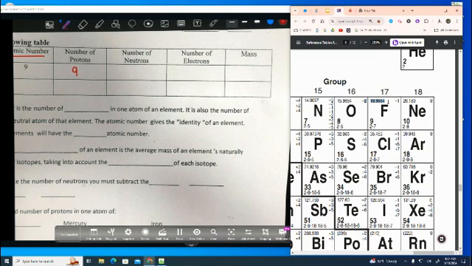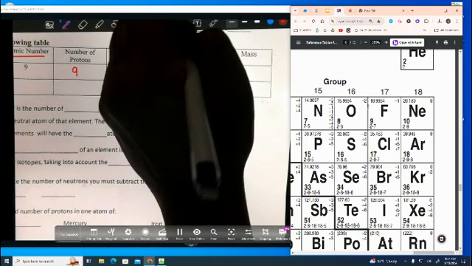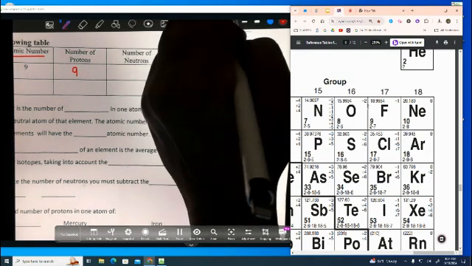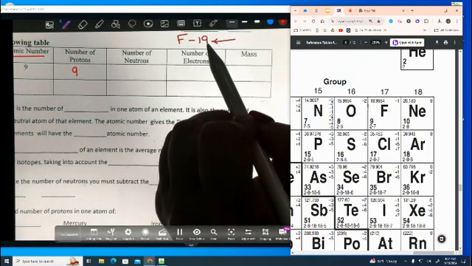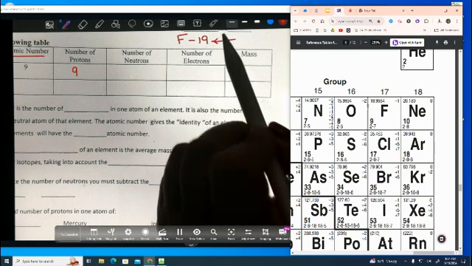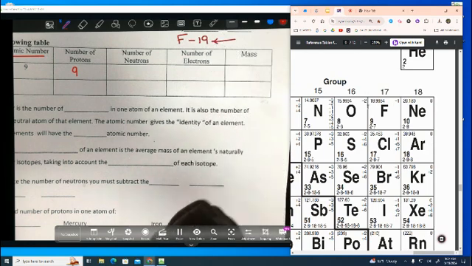The mass is going to be whatever this is rounded to the nearest whole number, because that's going to tell us what we have the most of. In this case, we're going to have the most fluorine 19s. You would write it fluorine-19. Hey, it rhymes. That number is the mass number. I'm using the one we have the most of, and I got that from here.